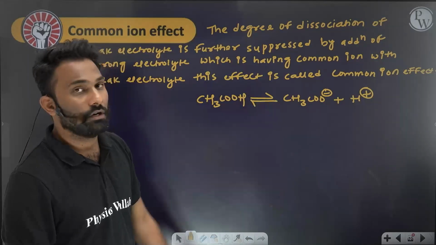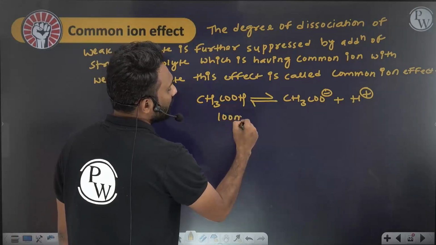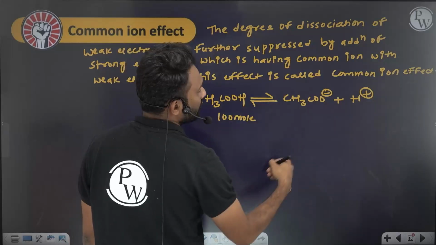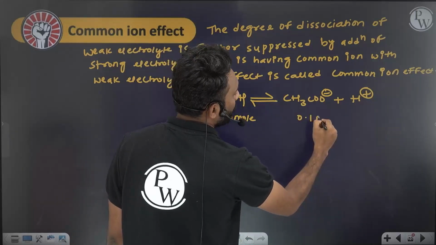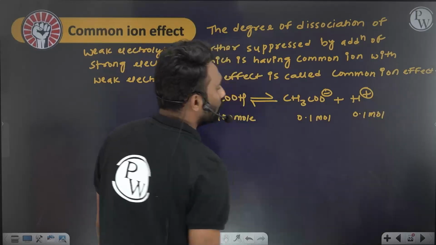For this weak electrolyte, as I said, for 100 moles this has dissociated into 0.1 mole. Now the H plus ion also has dissociated into 0.1 mole.